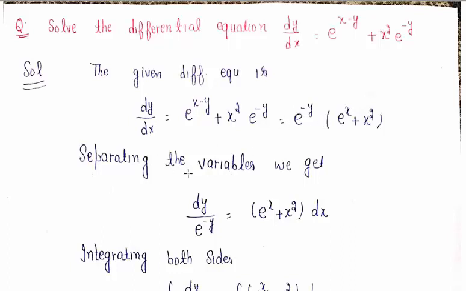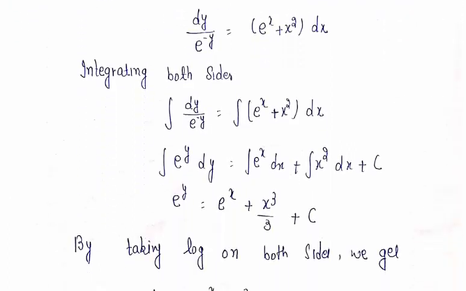So this can be written as dy over e raised to power minus y equals e raised to power x plus x square into dx. We rearrange the terms. Now we can check that our left hand side contains the variable y with dy and the right hand side contains the variable x with dx. So we can perform integration.